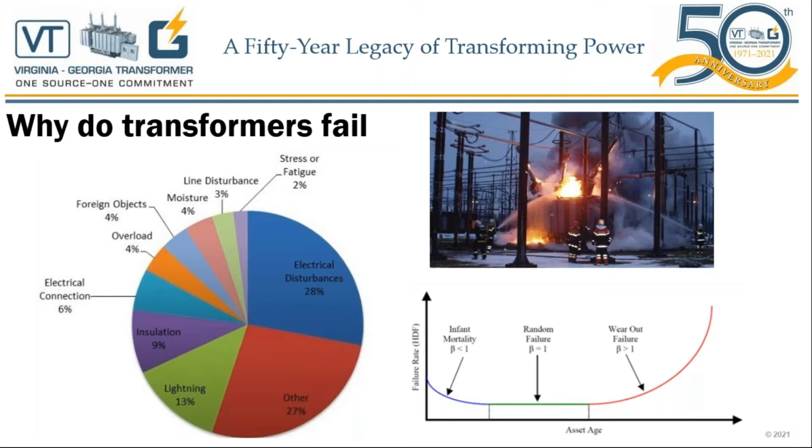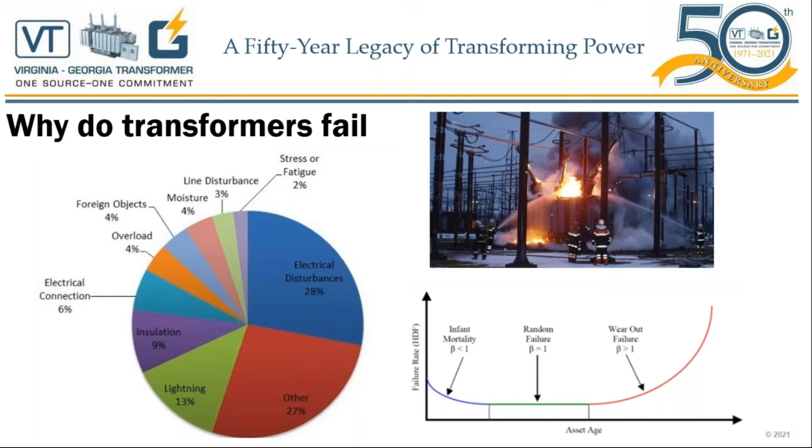But what are the main causes? Sometimes it's almost impossible to pinpoint the exact root cause of a failure, especially if the transformer has gone through a catastrophic failure like the one you're seeing here in this picture. And it's very unfortunate that a lot of transformer failures end up turning into a catastrophic failure due to the forces and the electrical energy release during the failure.